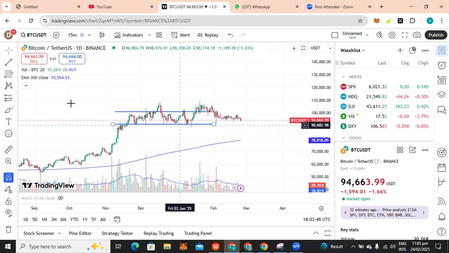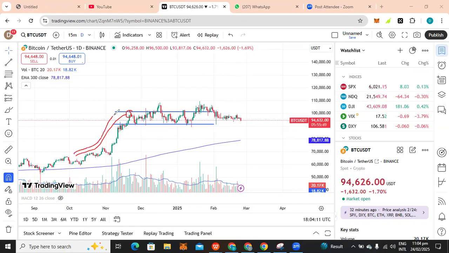Now, as you can see over here, let's discuss why these lines are here. In this 1 day time frame, we are seeing that the price is very firmly increasing all the way up till here. Over here we had a break of structure. Now, what's a break of structure? Whenever the price is in an upward trend, there are higher highs and higher lows.